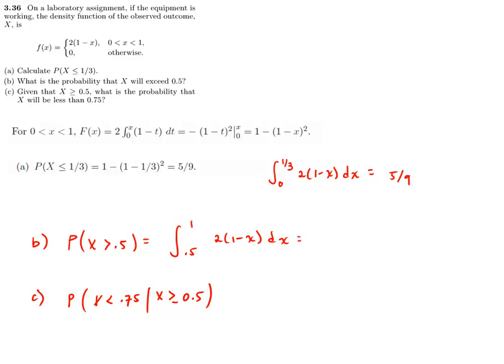I'll just assume it is something like this. And the limits are from 0 to 1. And 0, this is 1, 0.5. So this is the probability that is given, but the intersection will be this portion.